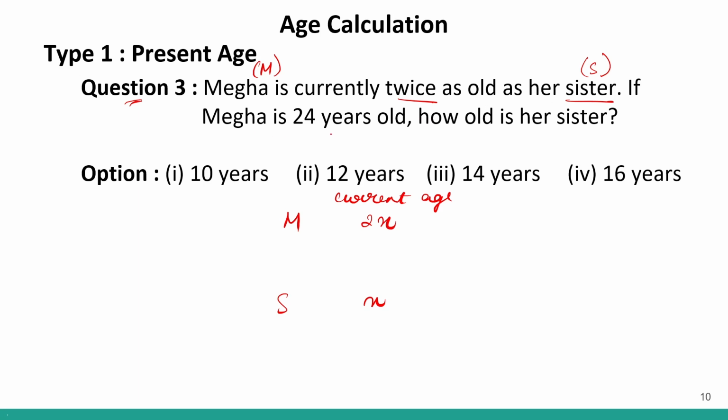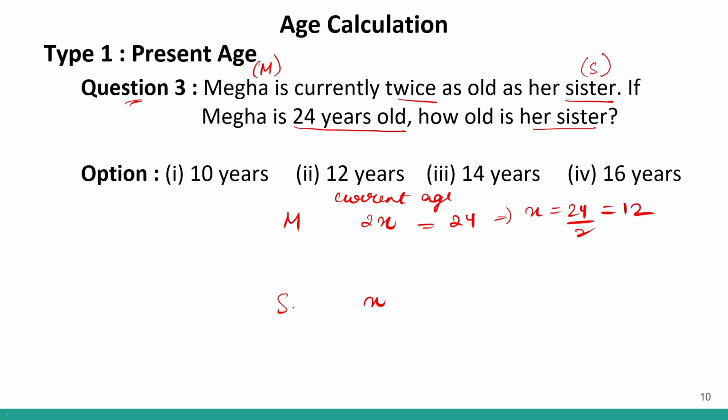Now, if Megha is 24 years old, so that means 2X equals to 24. This is given. We have to find the age of her sister. So if 2X equals to 24, X's value will be 24 by 2, that is 12.